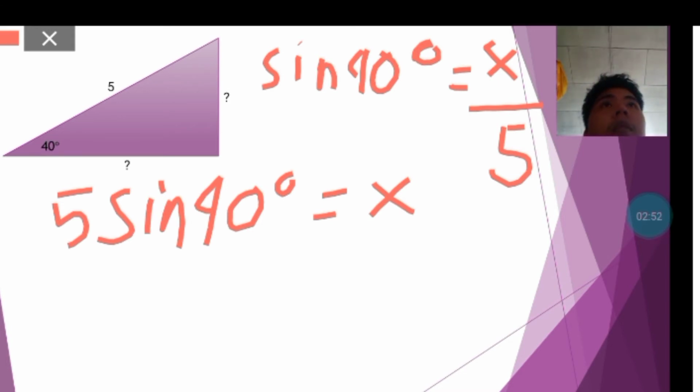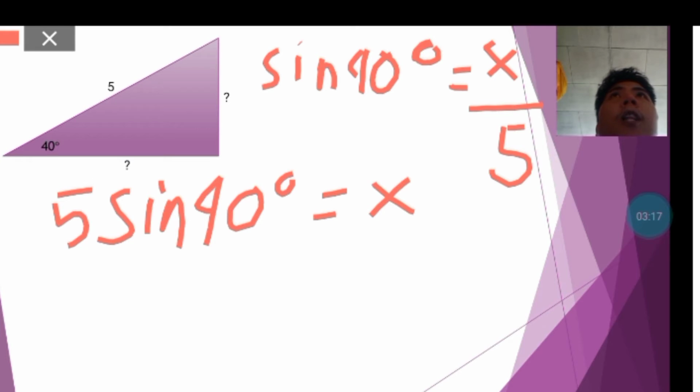You can easily identify the value of x using your scientific calculator, because you cannot easily compute 5 sine 40 degrees in your mind.